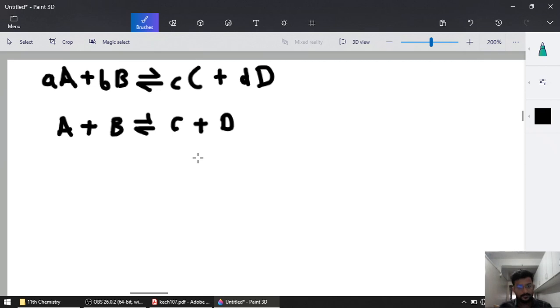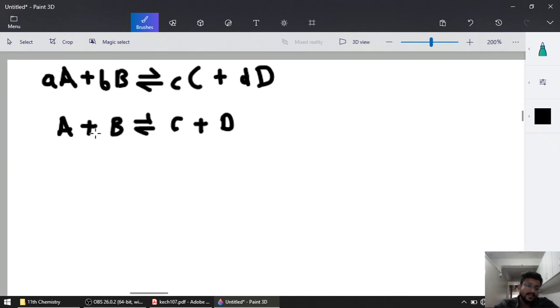Second condition, the reaction must be reversible. That means the reaction will go two ways, reagent to the product and product to the reagent. The reaction should work both ways. This is the forward reaction and this is the backward or reverse reaction.